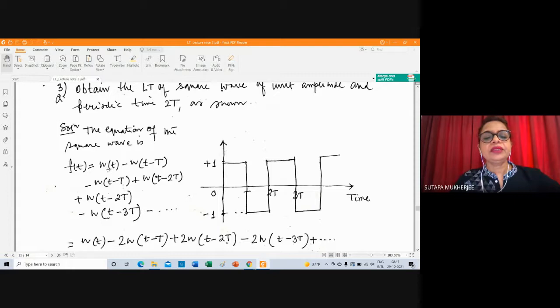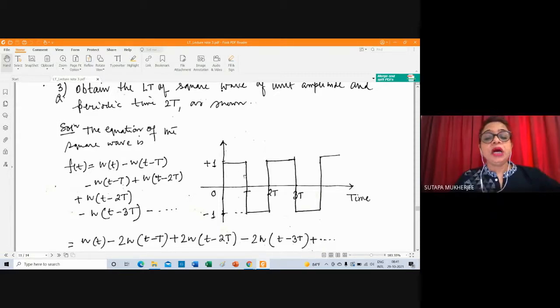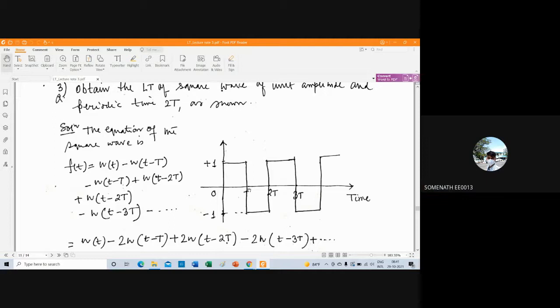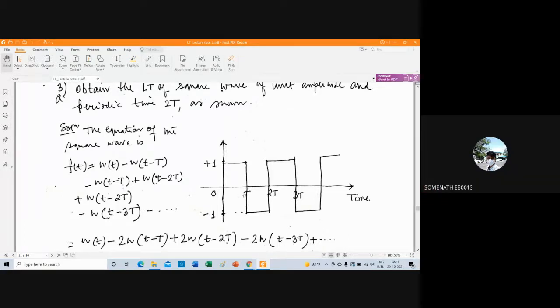If it comes down, so this is the time. What was your idea regarding if it starts from the time capital T? What will it be? u(t minus T). Do you remember that?